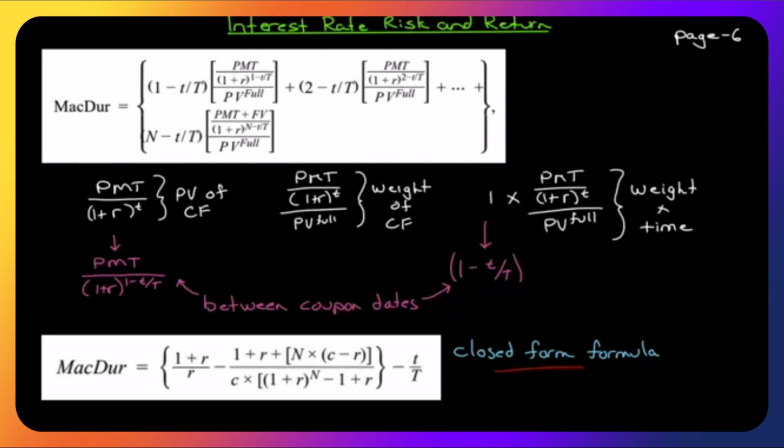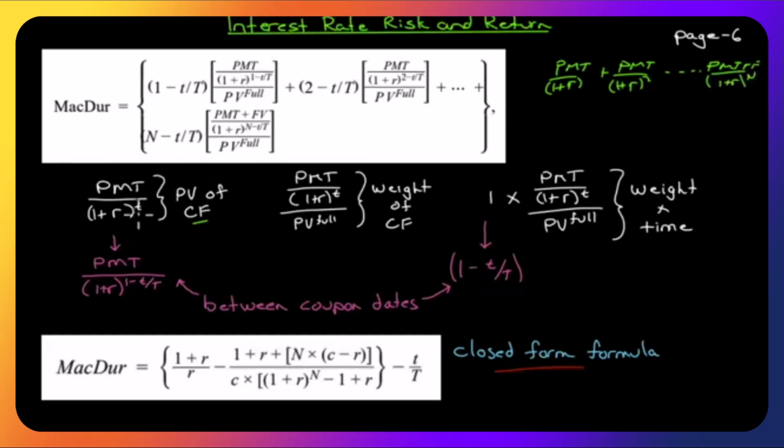Let's look at the top equation, and I've tried to lead you into the complexity here. Payment discounted by 1 plus r to the t. We know that when we're calculating the present value of cash flows, that's really all it is, right? We have our first payment and we discount it at 1 plus r, and you have your second payment and you'll discount it at 1 plus r squared, on and on till you have your last payment plus your future value, 1 plus r to the n.